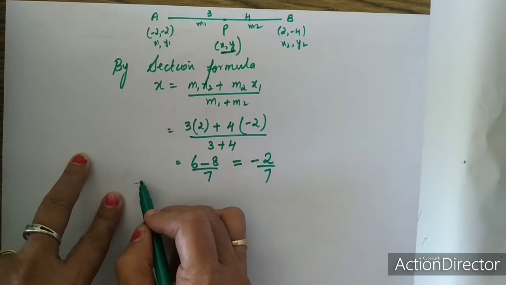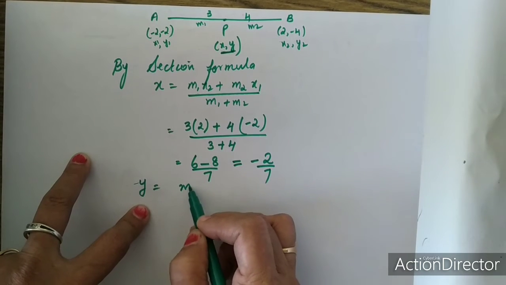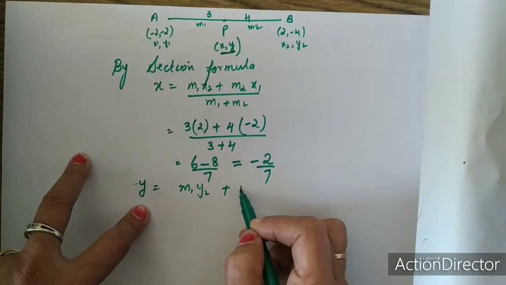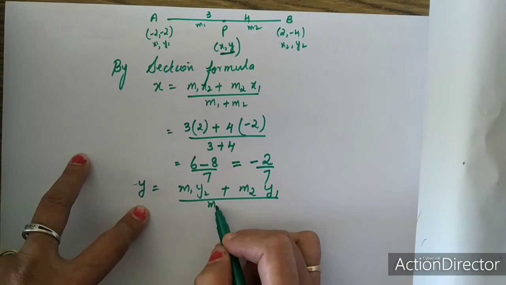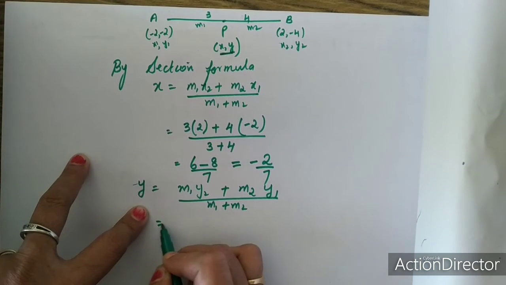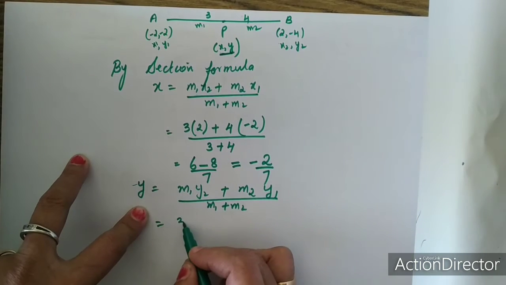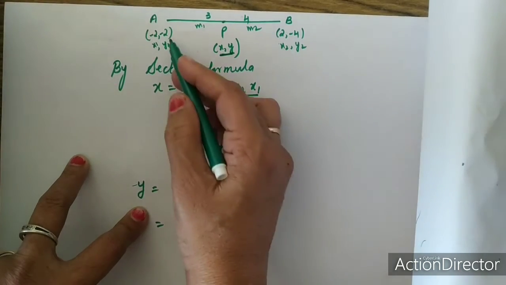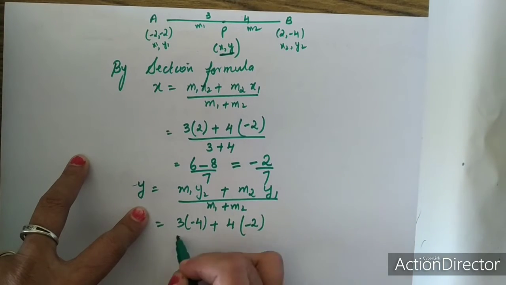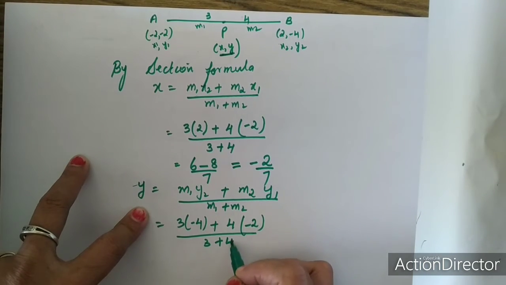Now we will find y in the same way. m1 into y2 plus m2 into y1 divided by m1 plus m2. This is equal to, what is m1? 3, y2 is minus 4 plus m2 is 4, y1 is minus 2 divided by 3 plus 4.